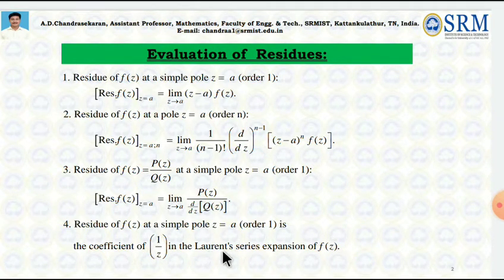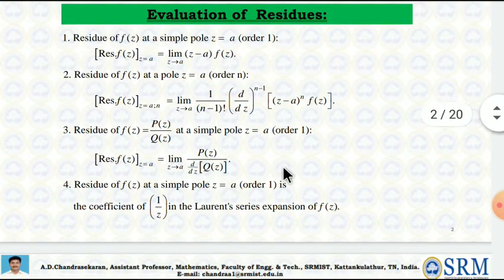In that Laurent series expansion, the coefficient of 1 by z minus a is the required residue of f of z at z equal to a. So these are the four different types of formulas. Let us see the problems under each category.